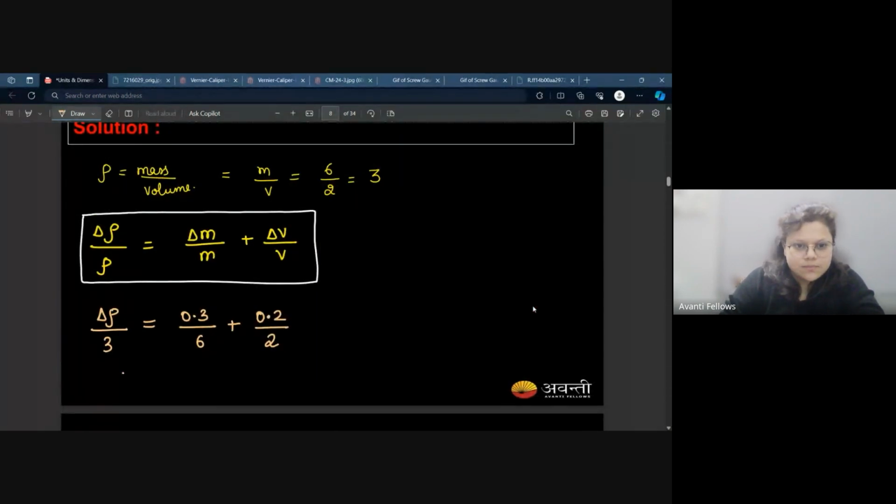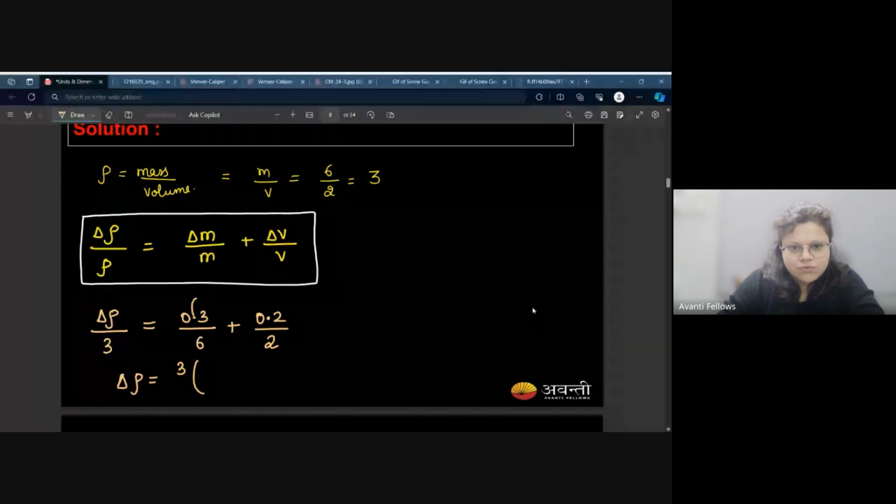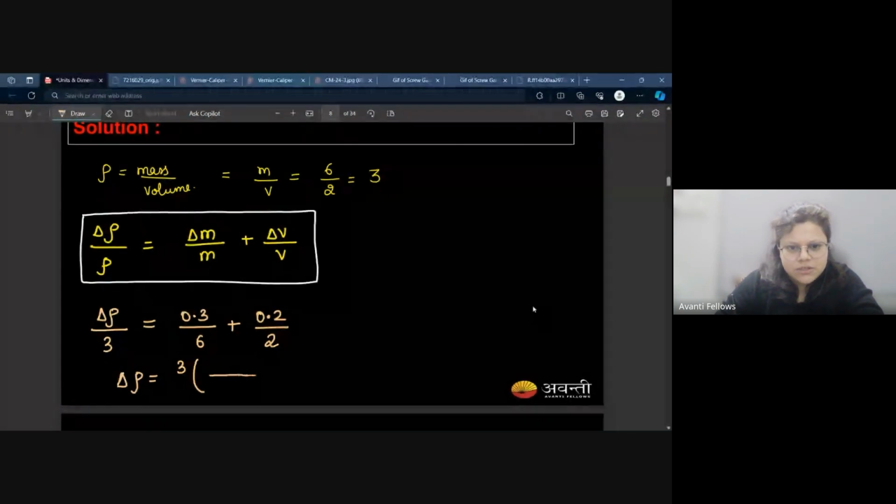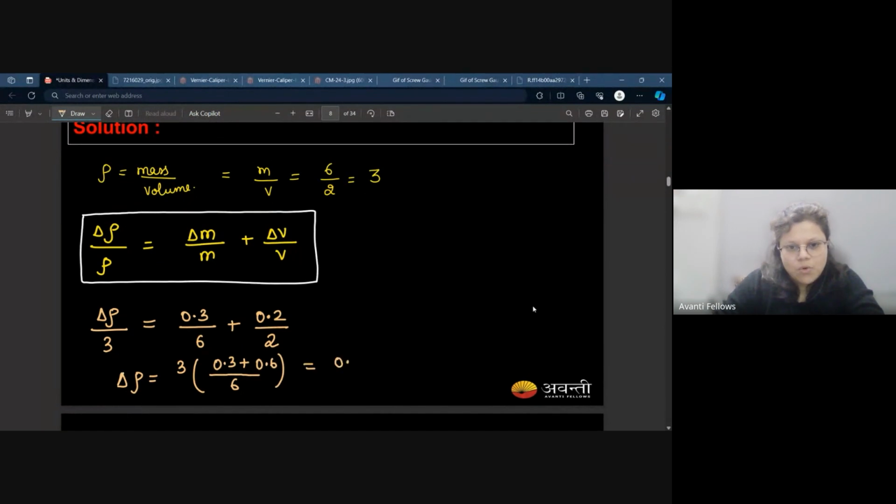Just solve it. And this delta rho would be 3 times this entire thing. So try to solve it or just put it in the fraction. It would be 0.6, right? You will solve it, you will get 0.9 by 2, and it would be 0.45.